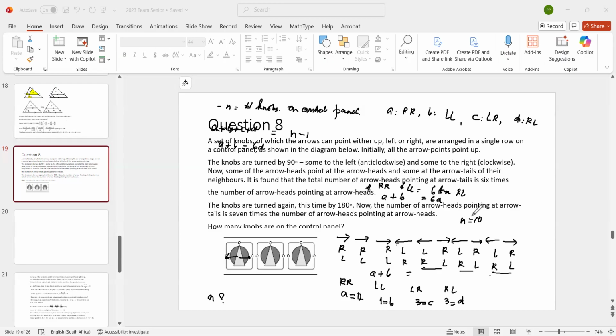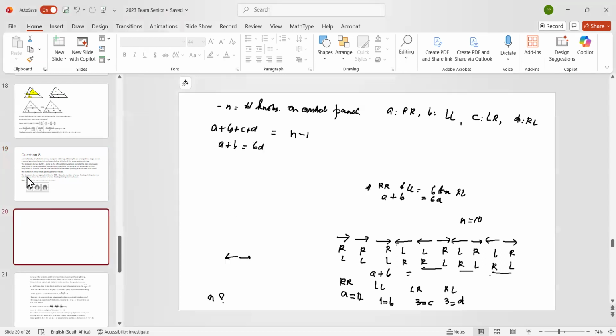So the C now becomes D, because RL becomes LRs. So in this case here you have that A plus B, this is LL plus RR, right, is equal to, now the RLs become the 6 times RR, this becomes LR.